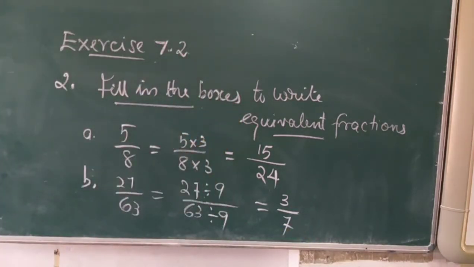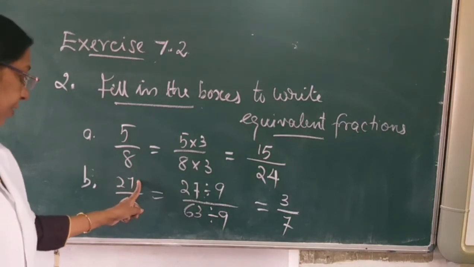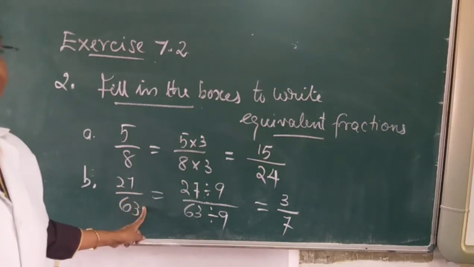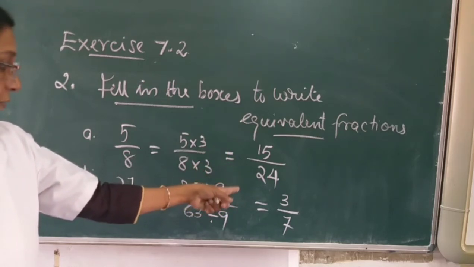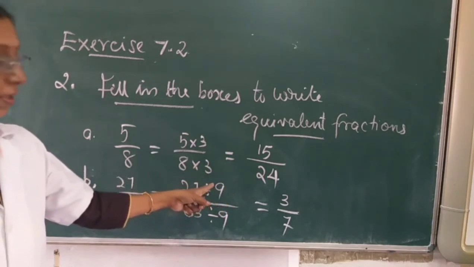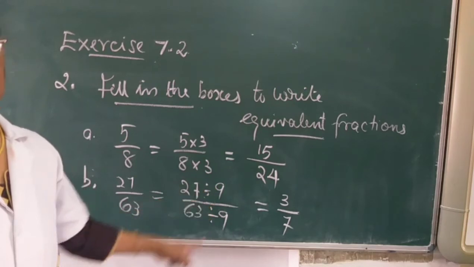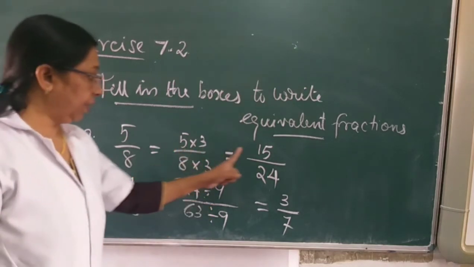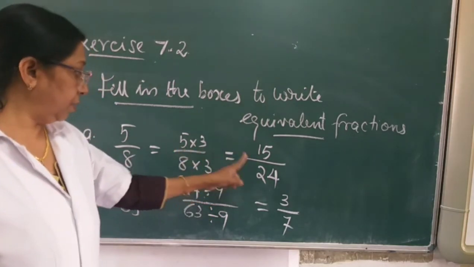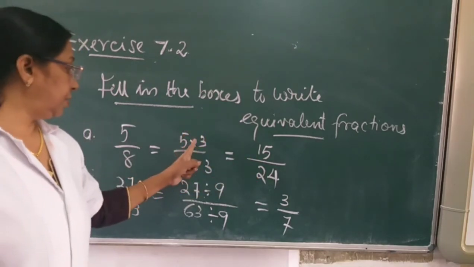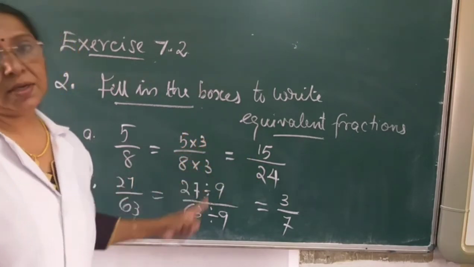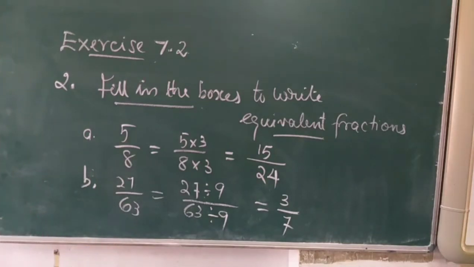That is 3 by 7 is an equivalent fraction of 27 by 63. It's the smallest equivalent fraction. To get the smaller equivalent fraction, we divide the numerator and denominator by a non-zero number. Here we got a bigger equivalent fraction by multiplying the numerator and denominator by a non-zero number.